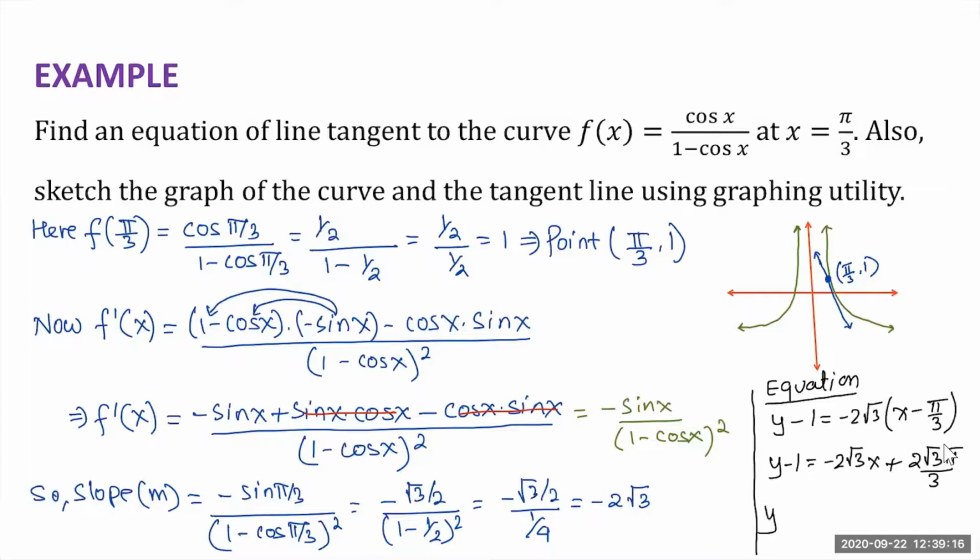Now we have to write our final answer in the form y equal to mx plus b. So mx, which is negative 2 square root of 3x. Then plus 2 square root of 3 pi over 3. And if you move this 1 over, it will be plus.